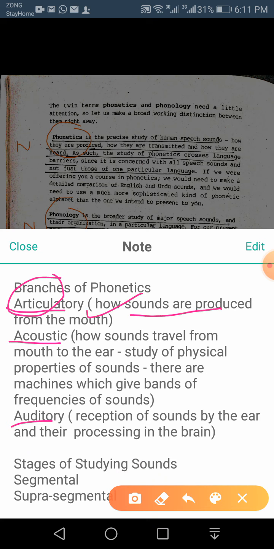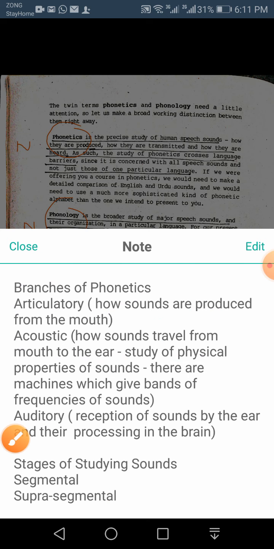Then after the production of sound from the mouth, the second branch is acoustic phonetics, in which we study how sounds travel from the mouth to the ear of the listener, and in this branch we study physical properties of sounds, and there are machines which give us bands of frequencies. So it is a physical thing.